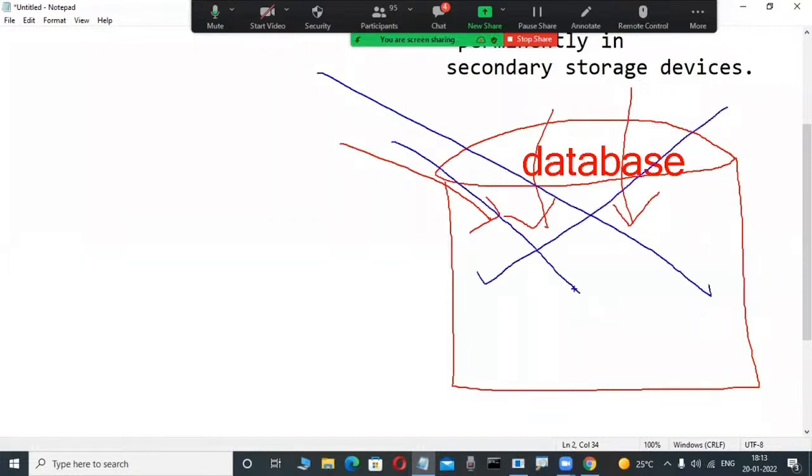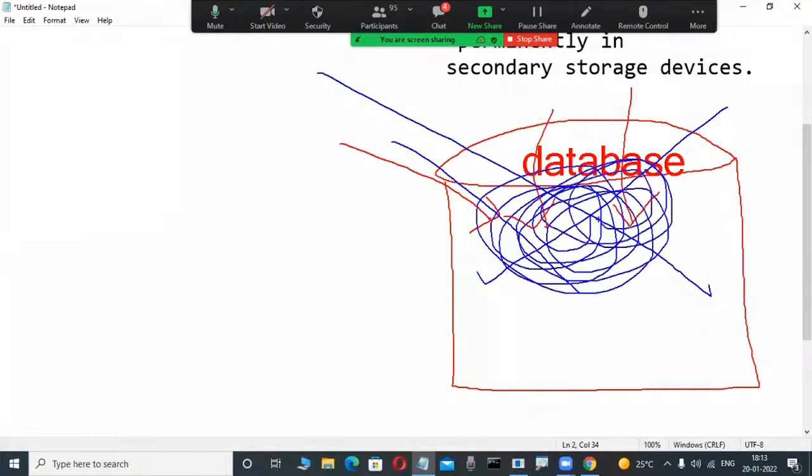Actually, Oracle, SQL Server, DB2, Sybase, Informix, Ingres, Teradata, these types of databases are not storing a random collection of data.